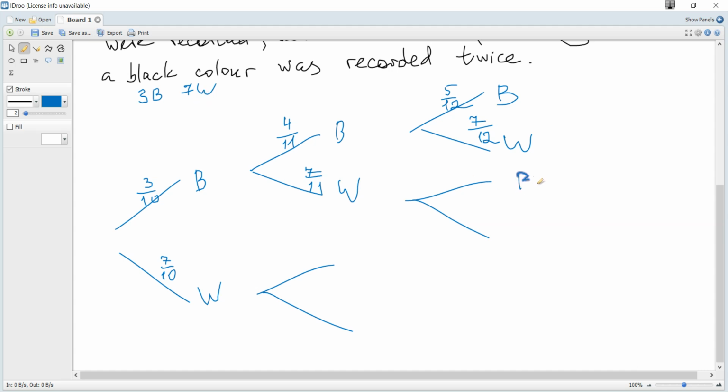So the probability to get black here becomes, but 1 extra black, but this white is not replaced, so here we have 4 black but 6 white, so it becomes 4 out of 10, and hence to get white it's just 6 out of 10. It can be calculated as 1 minus 4 over 10 because black and white are all possible outcomes.